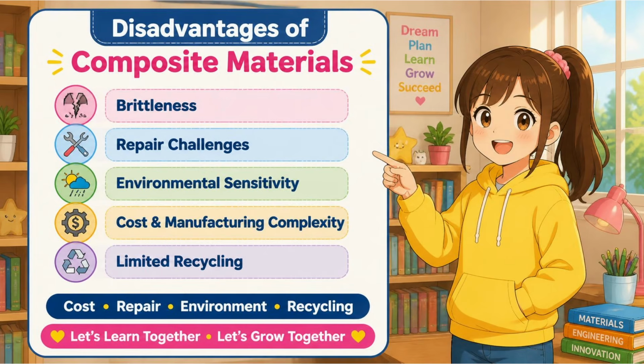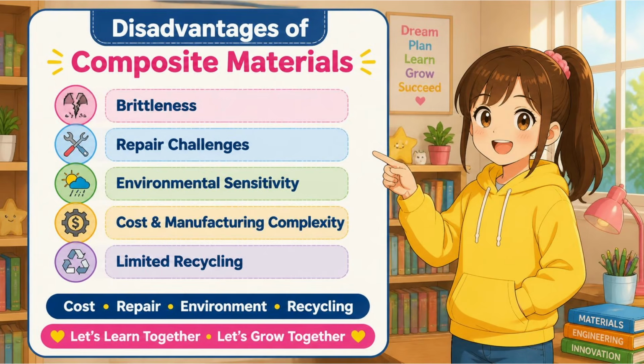So let's have a quick revision. A composite is basically matrix plus reinforcement. The matrix holds and protects the reinforcement, and the interface helps transfer the load between them. There are three major categories: PMC, MMC, and CMC. Their major advantages are high strength to weight ratio, corrosion resistance, tailored properties, and design flexibility.